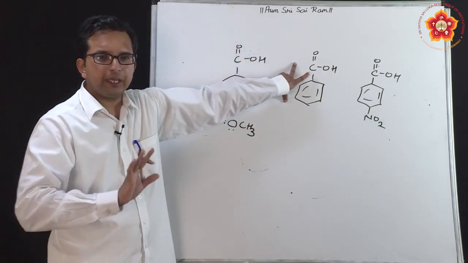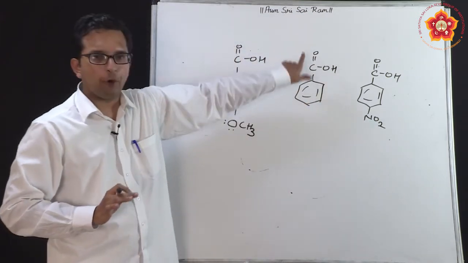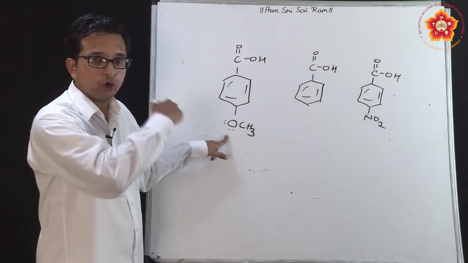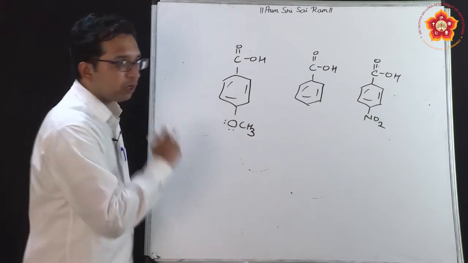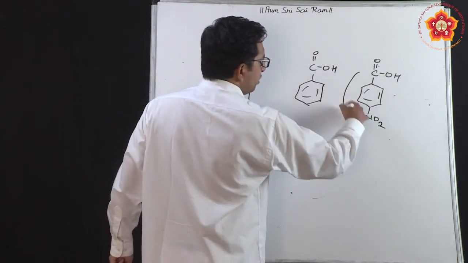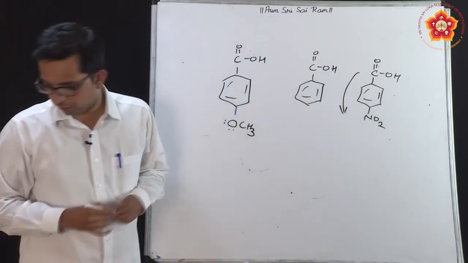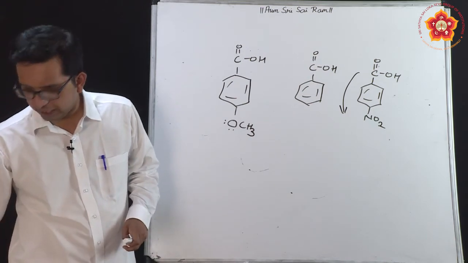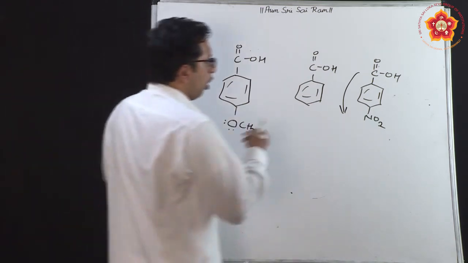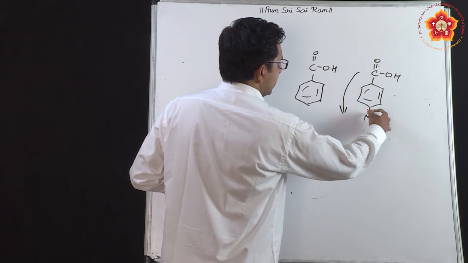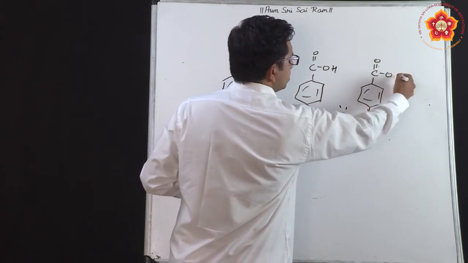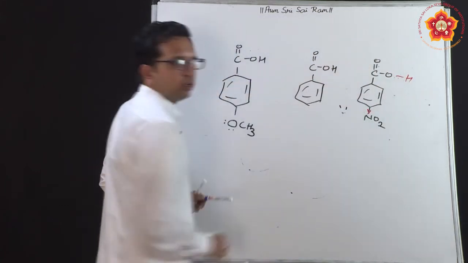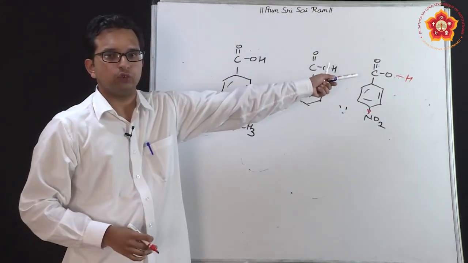COOH will definitely be in between because this is the base compound, whereas here you have an electron donating group and here an electron withdrawing group. Now an electron withdrawing group can withdraw electrons towards itself. The NO2 group acts as an electron withdrawing system where, as much as possible, it will reduce the electron density near the COOH group.